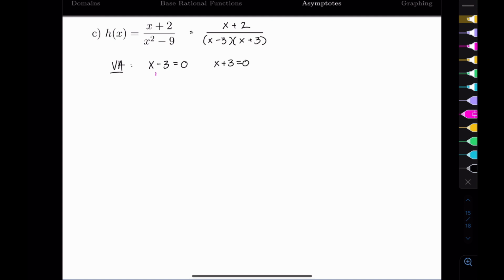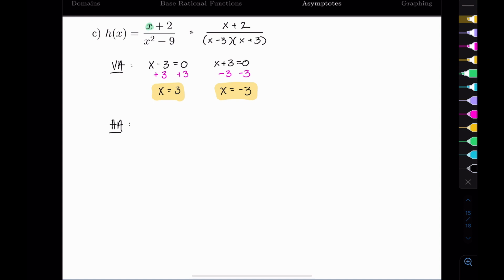And then we go ahead and add 3 for the first one, and do both simultaneously, subtract 3 for the second. 3 and negative 3 are the two problematic numbers, and they are both asymptotes.